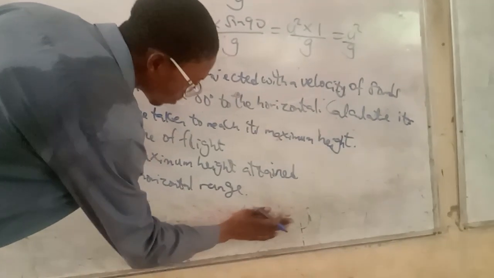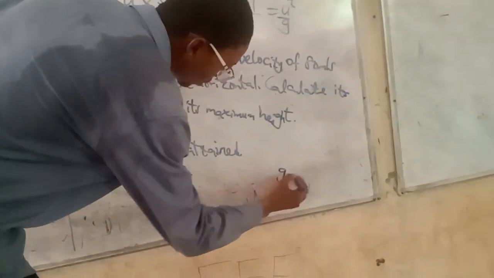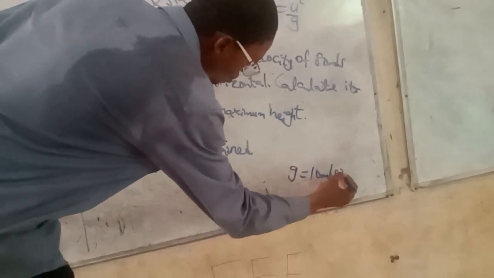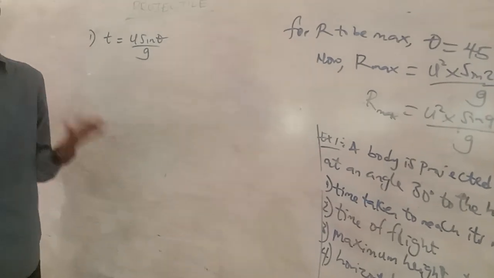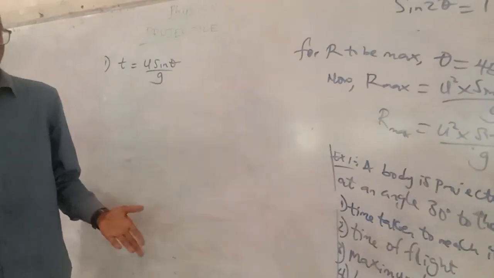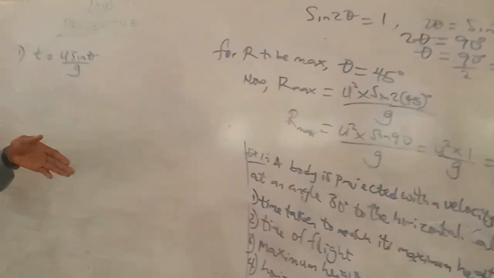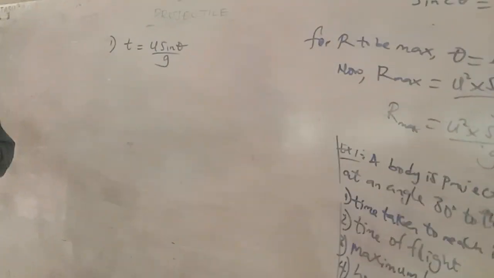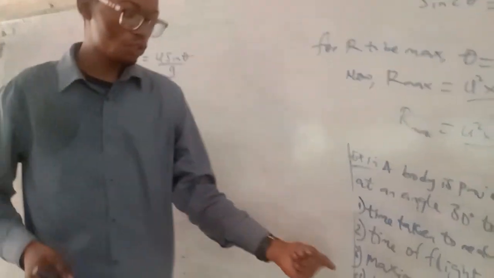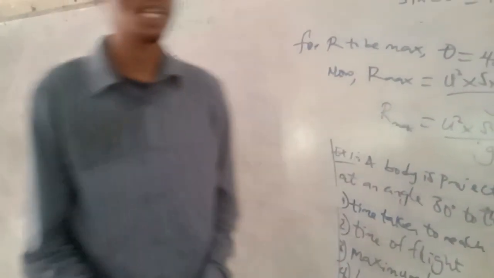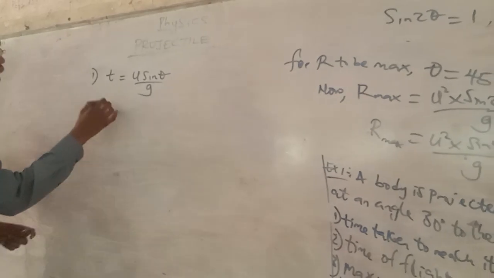Please note that your acceleration due to gravity is always 10 meters per second square. But assuming you are given in the question to take your G as 9.8 meters per second square, you will use the one given to you. Are you getting me? But assuming you are not given, you use your 10 meters per second square.